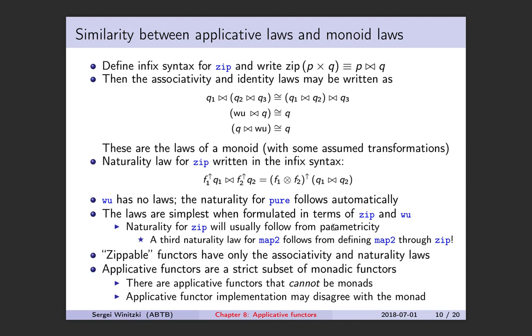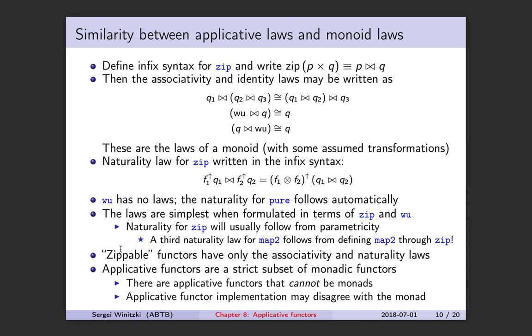So when we want to check laws for specific functors, then we don't usually need to check naturality. It will be obvious. If our code is fully parametric and generic in all type parameters, then naturality will be automatic. Associativity, of course, needs to be checked, and identity laws need to be checked.